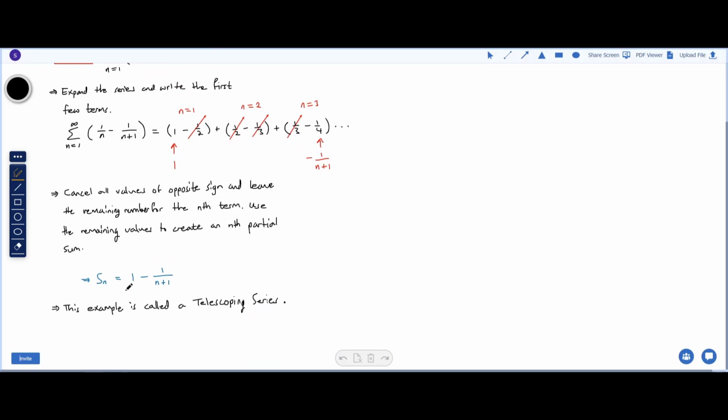Okay, so now that we have the partial sum, right, we can take the limit just like we always do, and see if this limit converges or diverges. Okay, so take the limit to determine convergence.